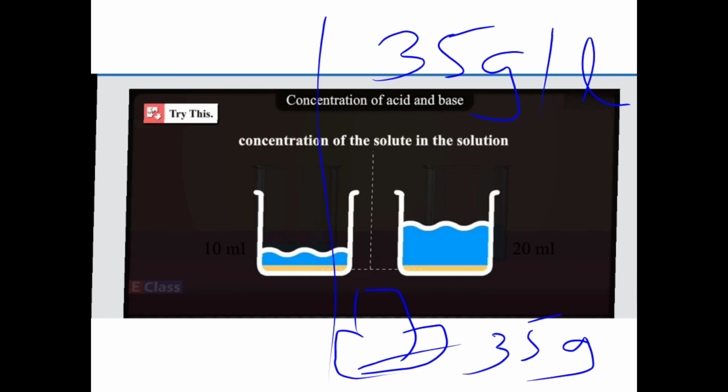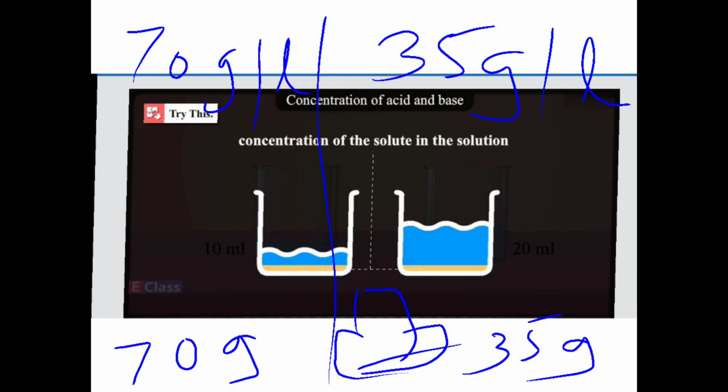But suppose instead of 35 grams, if I add 70 grams, then the concentration will be 70 grams per liter. So how many grams in 1 liter, that is one of the things we talk about, and that is called grams per liter. So concentration of the solution is measured in terms of grams per liter.